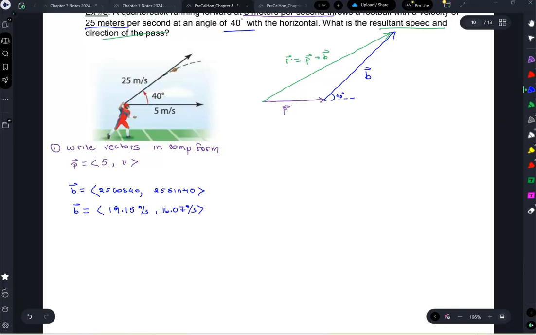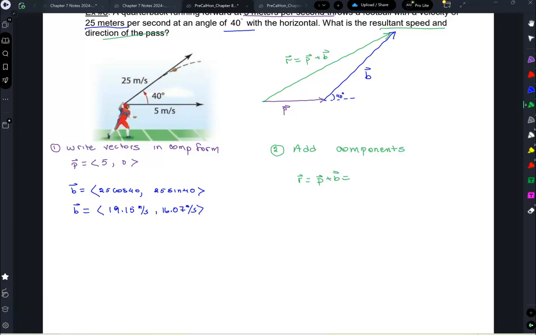Yeah. Now, second step is we want to add the components to find R. So R, which is vector P plus vector B, is I add the first with the first, 24.15 meters per second.